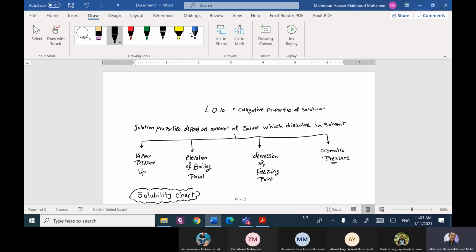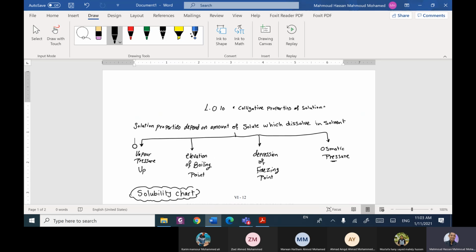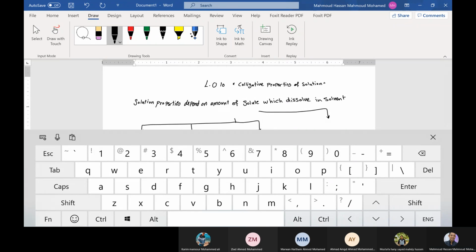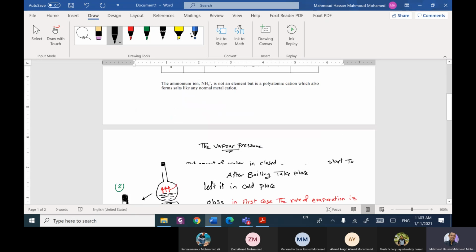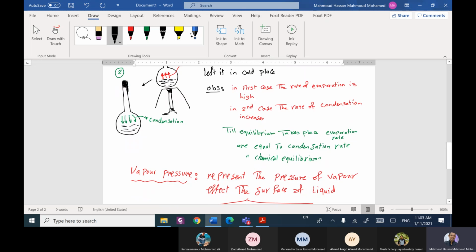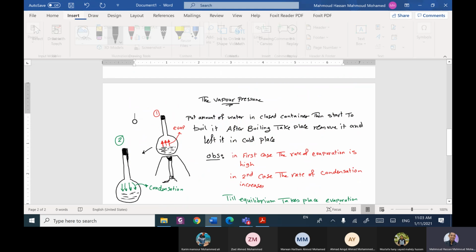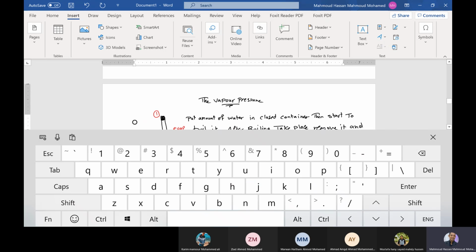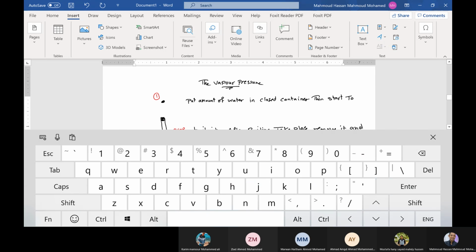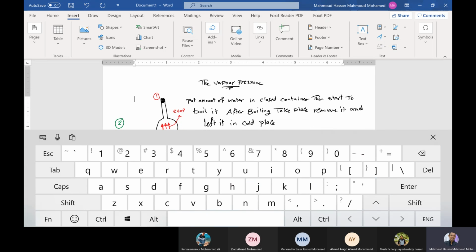Elevation in boiling point. Second property.